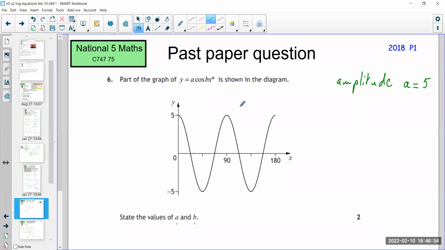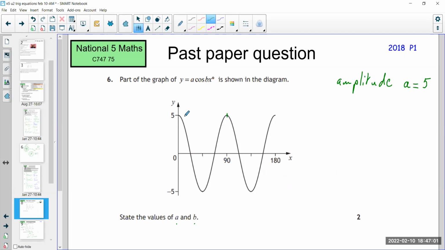Now, how do I find B? That number B would tell me how many times this signal, the cos signal, repeats itself within 360. So how many times do you think it repeats itself within 360?